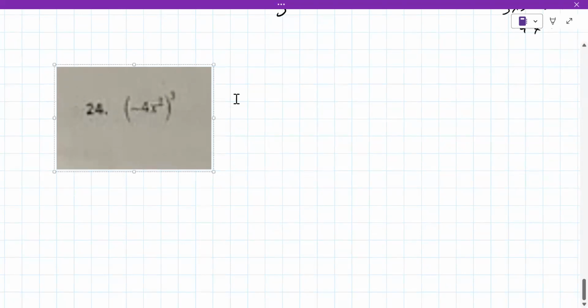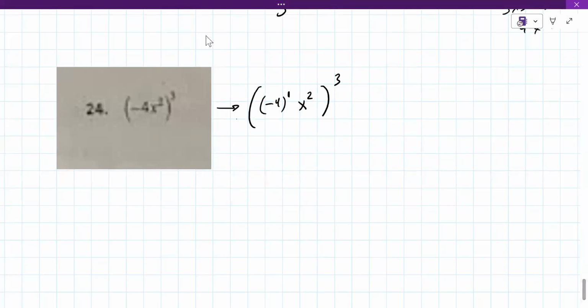So really what's going on here, I wish you didn't have a negative because I think this would be easier. This is really -4 to the power of 1, x², all to the power of 3. And the reason I write it that way is because you distribute the 3 to each of these exponents.